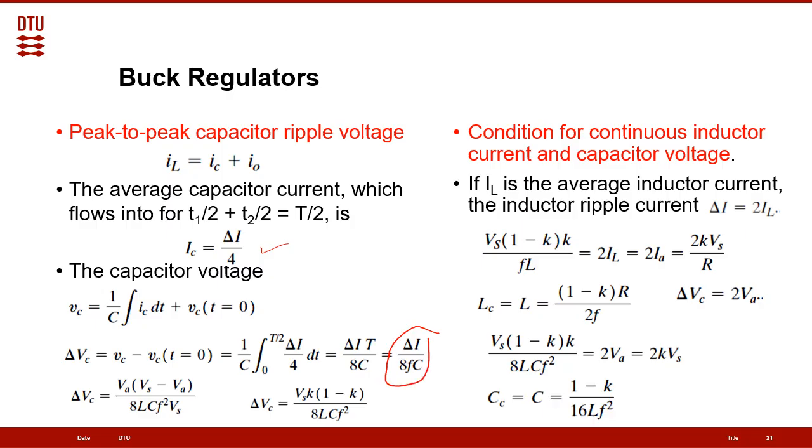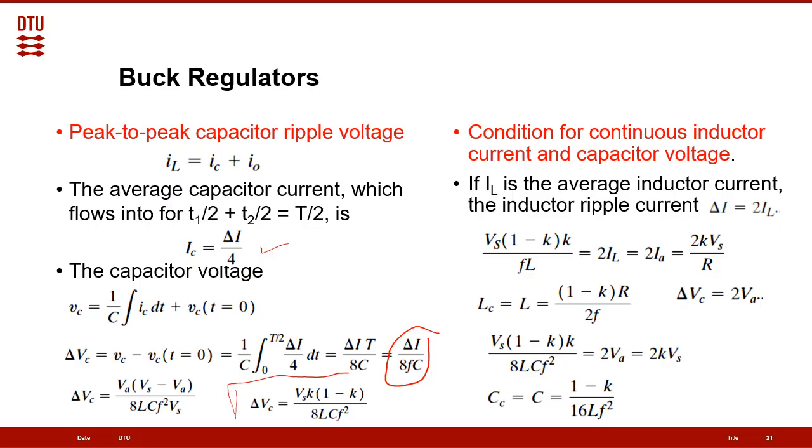It's very interesting to see that the ripple in the voltage equals the ripple in the current over 8 times the frequency times the capacitor. So here we can substitute from the previous equation, the previous slide, then we can reach this equation.